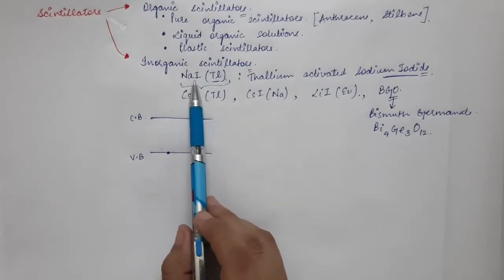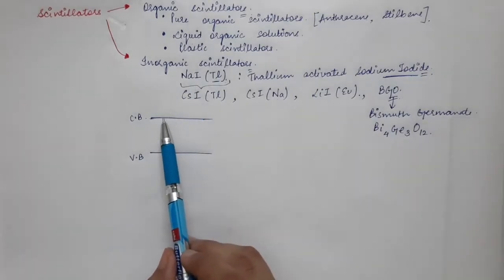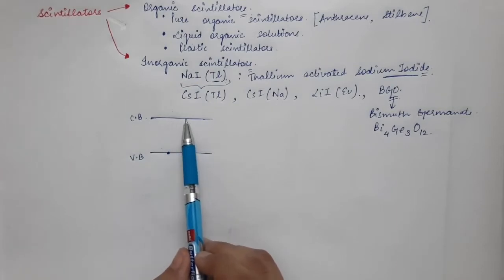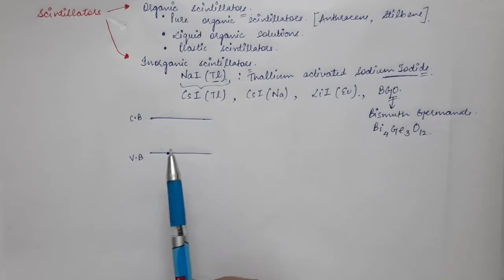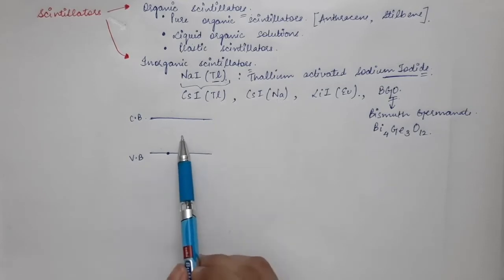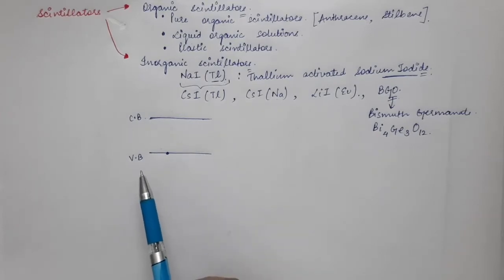So if you take just sodium iodide in pure crystalline form, then electrons will go to the excited state, they will go to the conduction band, and then they will go to the valence band and will emit a photon. Now this photon which is emitted could be easily absorbed by another electron in the valence band.